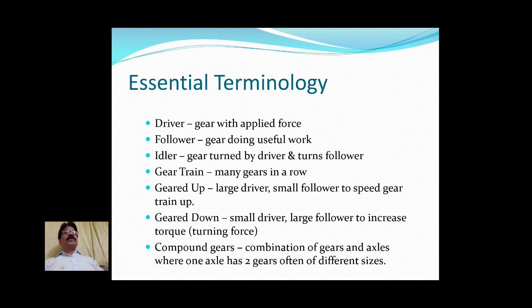The next one is geared down, that is having a small driver and large follower, which will increase the torque or turning force. One more important is the compound gears. Here the idler is on the same shaft. We'll see when we proceed on these terminologies.